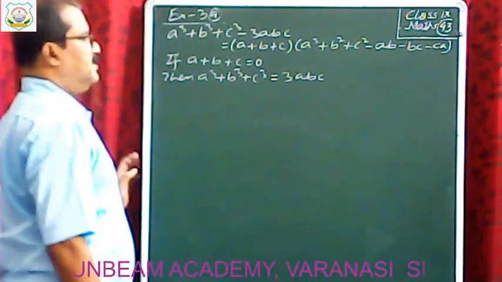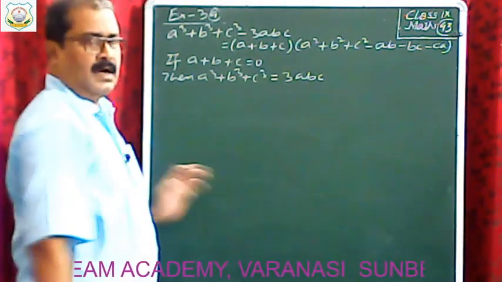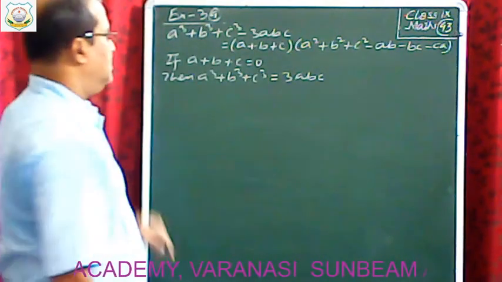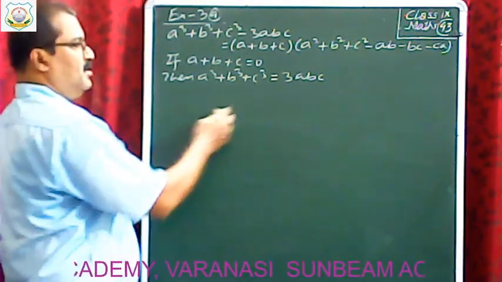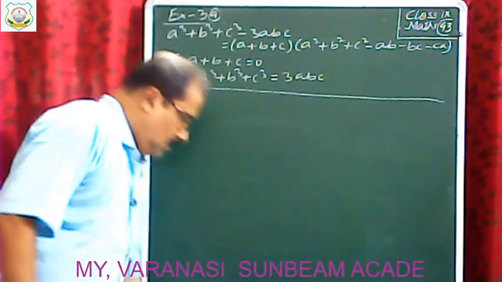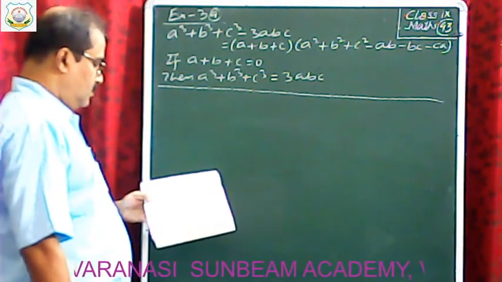If a plus b plus c equal to 0, okay, so 0 into something, RHS we get 0, so transposing minus 3abc from LHS to RHS, we get a cube plus b cube plus c cube minus 3abc. Okay. Now come to the questions.